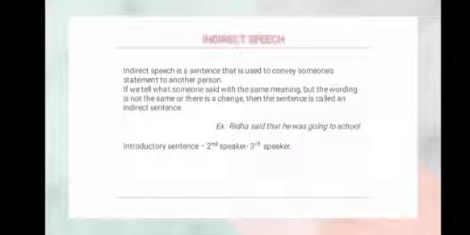Next, indirect speech. Indirect speech is a sentence that is used to convey someone's statement to another person. Example, Rida said that he was going to school.